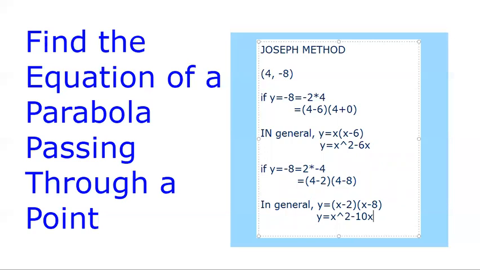And then a minus 2 and a minus 8 is going to give me positive 16. Okay, so I can do my check. Make sure that if I put in 4, I get a -8. So 4 squared is going to give me 16. 16 minus 40. And then we add 16. And that gives us the -8.